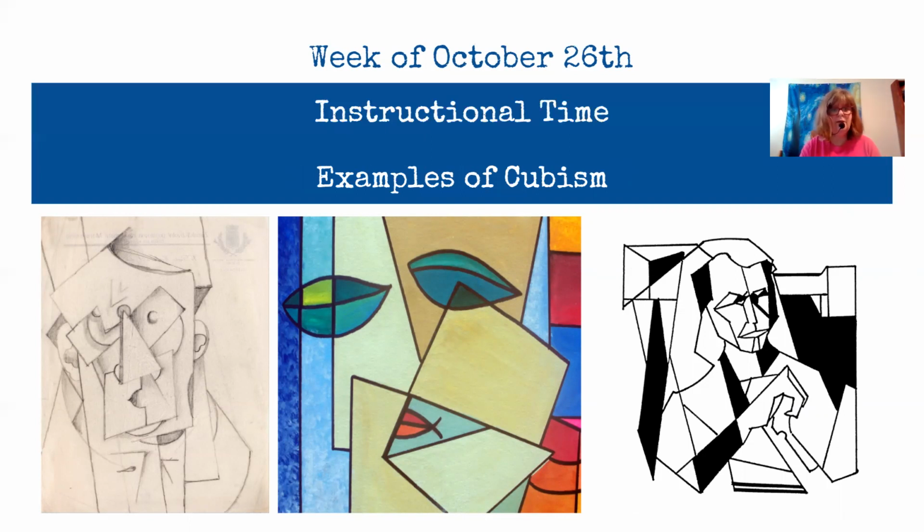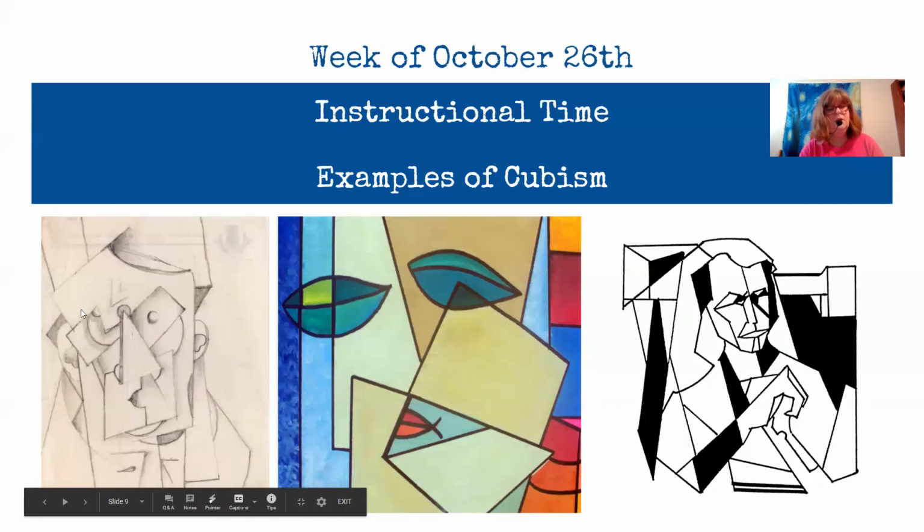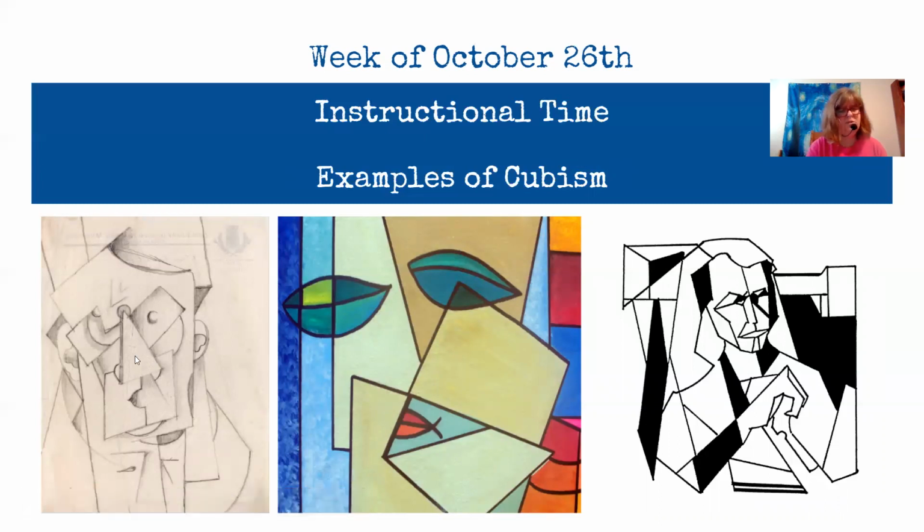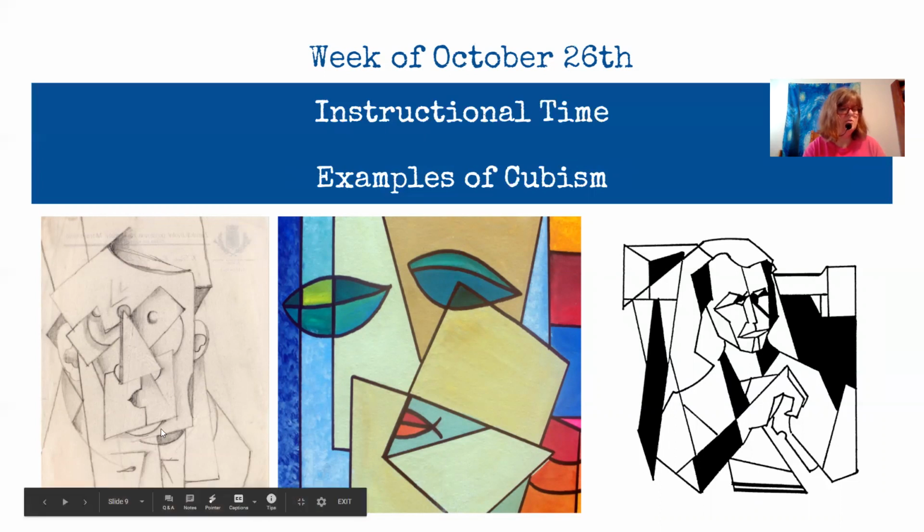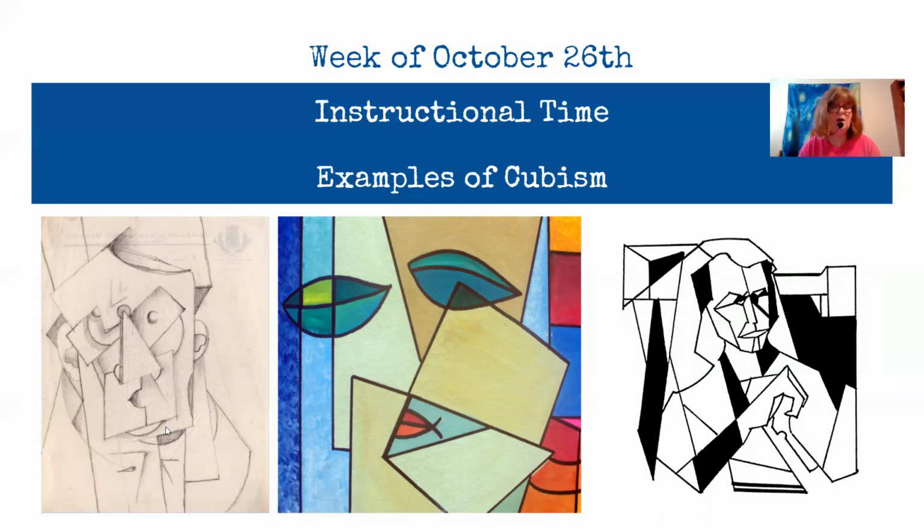But you can see how they kind of look like they've been torn apart and put back together, and they don't exactly fit perfectly. Like in the pencil drawing to the left, you can make out parts of an eye, parts of a nose, what you think is a mouth, but also there's two little chins there. So you've got different points of view that he's combined in one drawing.